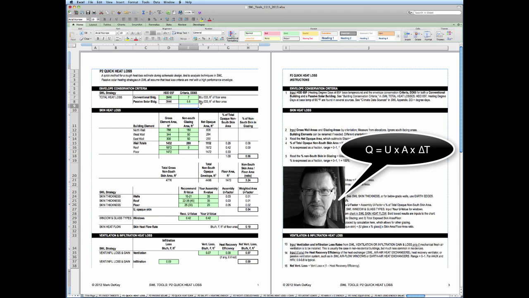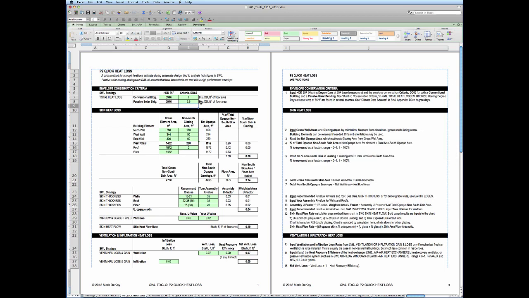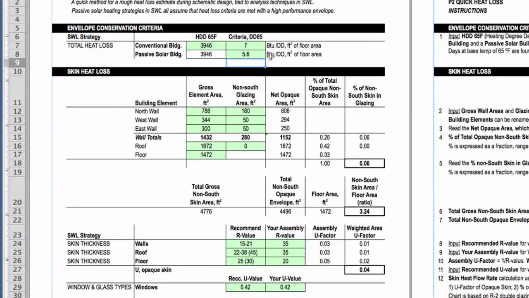But in this case, we're doing it on a per degree basis, so we'll just look at the UA. I've already input for this little building that we're looking at the gross wall areas. So we're breaking those wall areas down into north, west, and east, and we're leaving out the south wall.